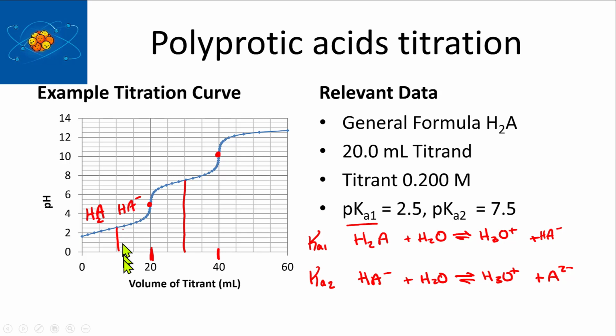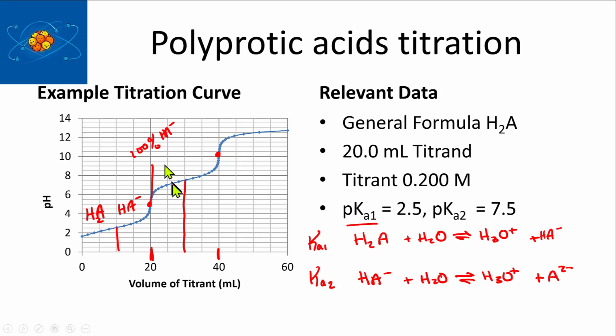And at the first midpoint, right at this volume, you've converted half of it over to the HA minus form. So it's like 50-50 at the midpoint. At the first equivalence point, it's 100% HA minus.